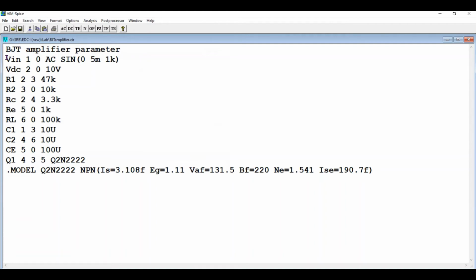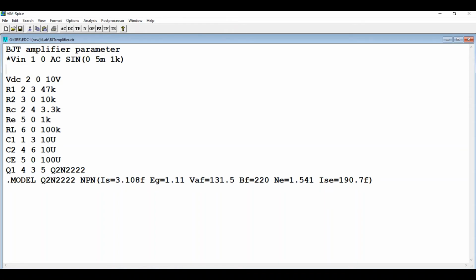For input impedance, the VIN line is not needed because you're not giving it the voltage source. So instead of deleting it, we will just put a star. That means this is acting as a comment line now. It will not be taken as a port.